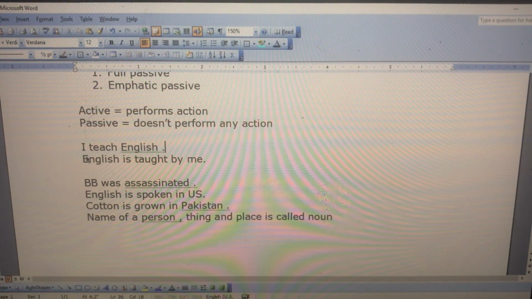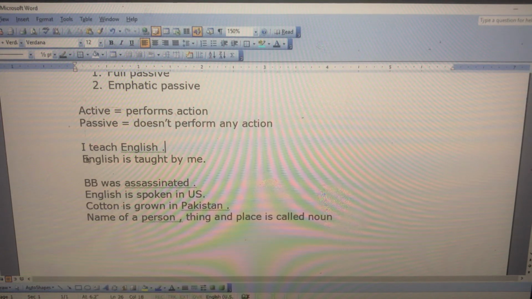And if I give you the example in Urdu, I teach English, main English padhata hoon. And then I say in passive, English is taught by me, English mere zariye padhai jati hai. So look, I'm stressing English. I'm not stressing I. In the first sentence, I is stressed.